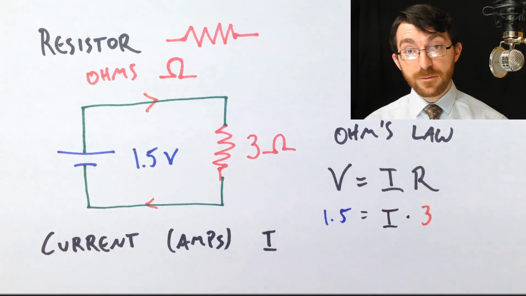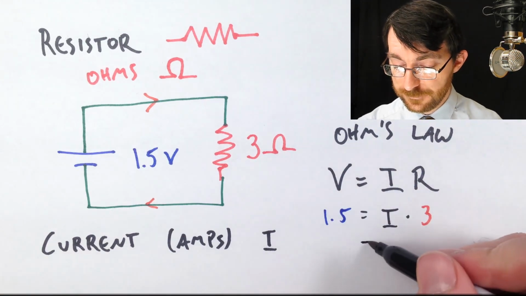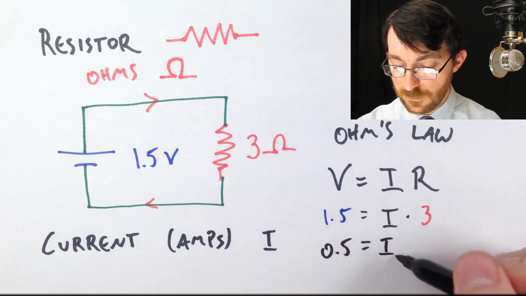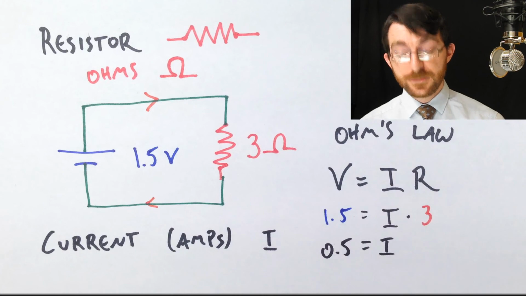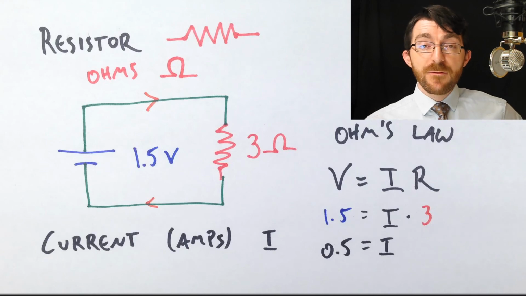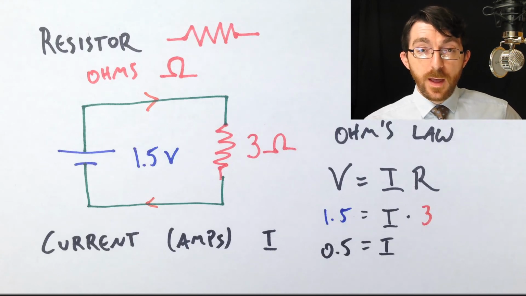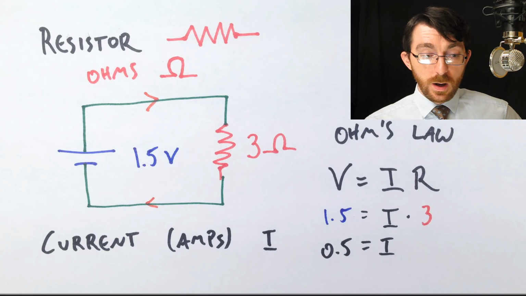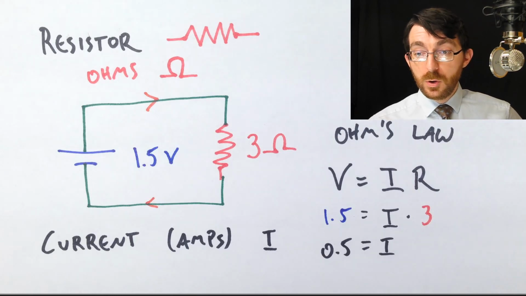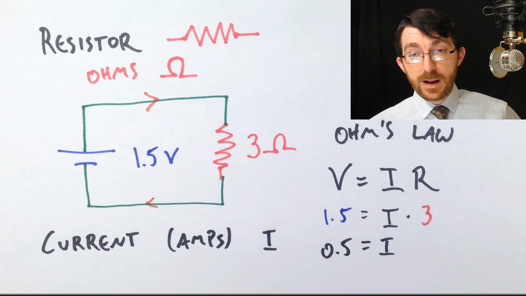It should be 0.5 amps. So 0.5 amps, if you convert that, would be 500 milliamps. And if you were to find, say, your cell phone charger, you might actually see that it has a power rating on it, might even be 500 milliamps.